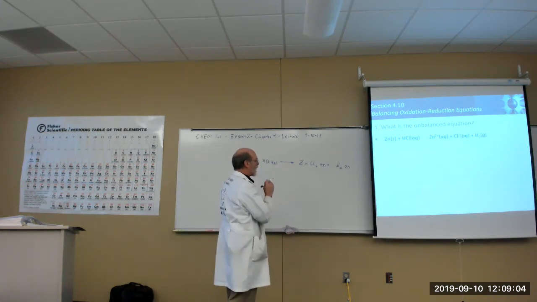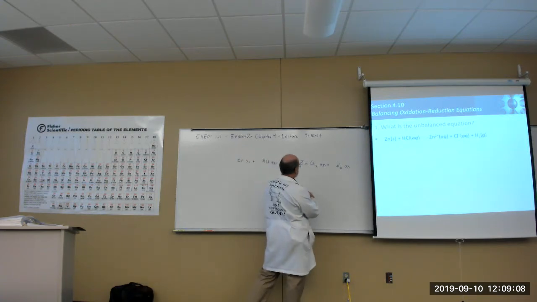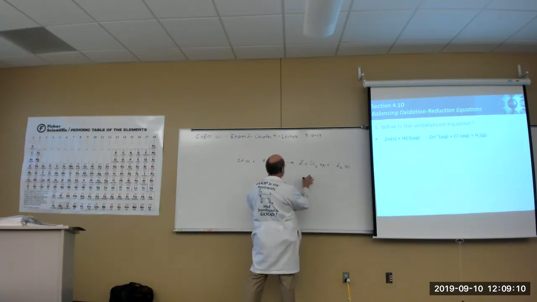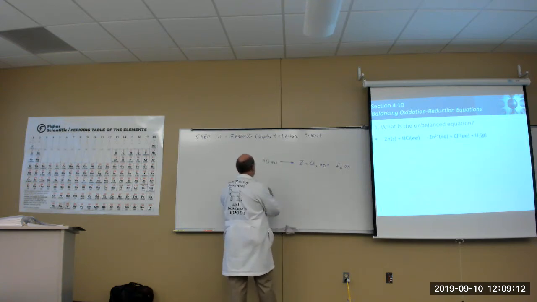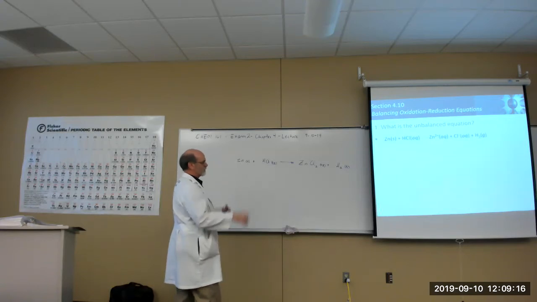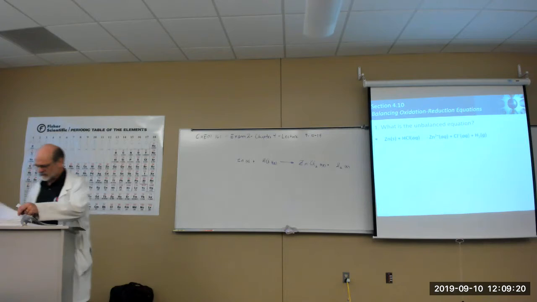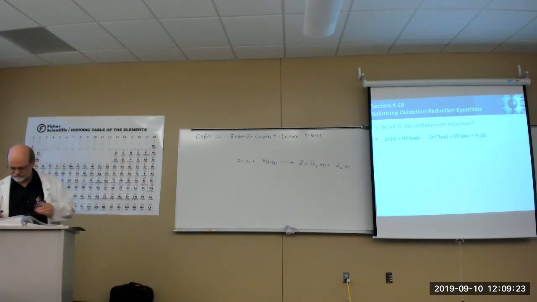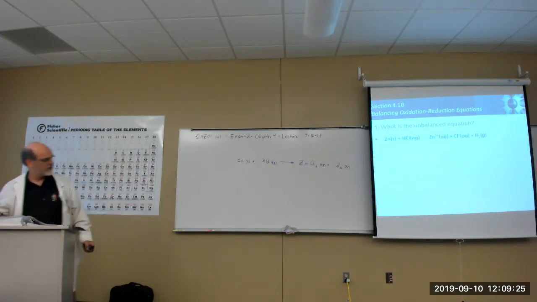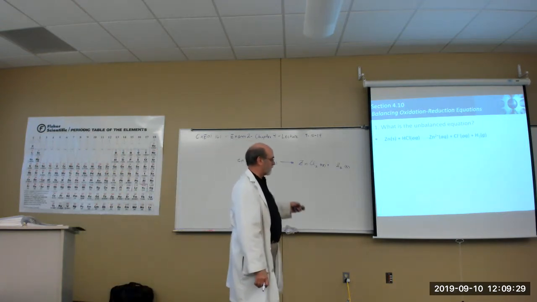So, what we have is chloride ions, and that's a bad example because it's too easy to balance without using redox. We need a better example for redox. Let's just look at it up here and see what's what.